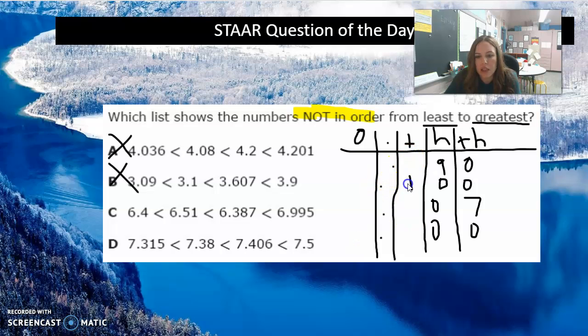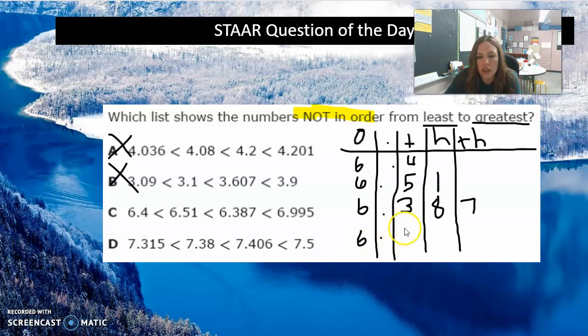Okay, let's take a look at C. 6 and 4/10, 6 and 51 hundredths, 6 and 387 thousandths, and 6 and 995 thousandths.